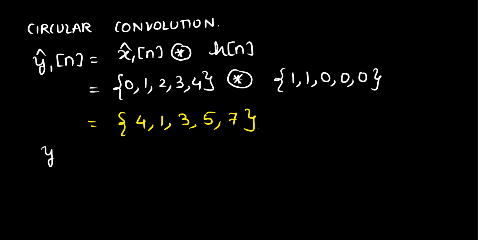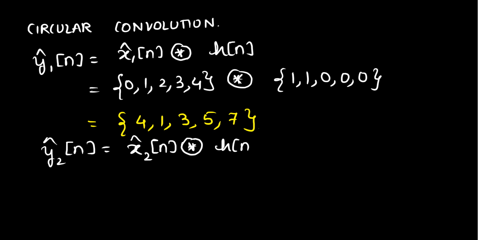Similarly, y2 hat of n is given as x2 hat of n circularly convolved with h of n.